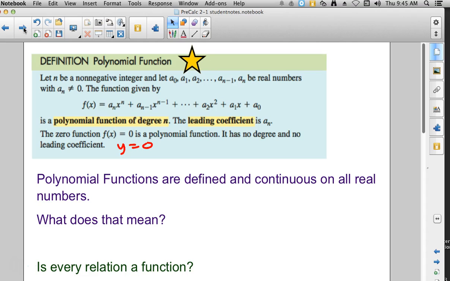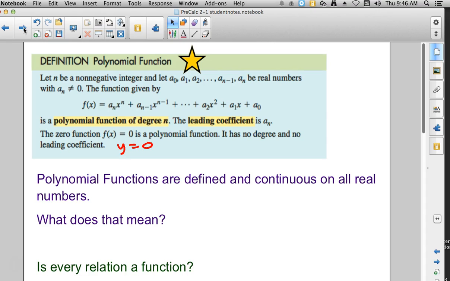But it's special, and that's why they have to talk about it separately. y equals 0 is actually the x-axis. Is there something weird going on with it? And the answer is no, except that we say it doesn't have a degree. Since there's no x, it's x to the 0 power. And it doesn't have a leading coefficient. So that's really the only thing special about it.